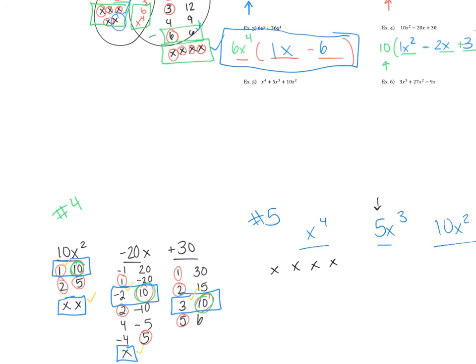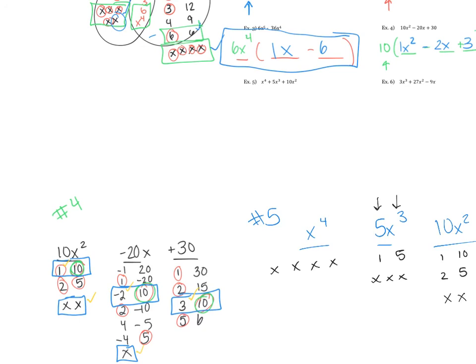The next one, we have a number, so we have to put 1 and 5 because those are the only 2 factors of 5. But then we need to break down the x cubed. 1, 2, 3. Okay? Then we're going to come over to 10x squared. 1 and 10, and 2 and 5. And we have 1 and 2 left. 2 x's, okay?